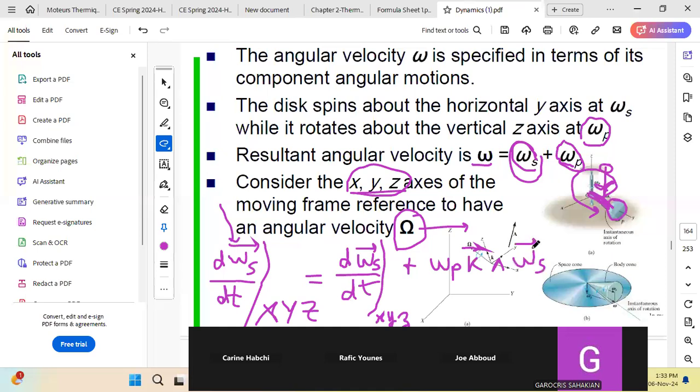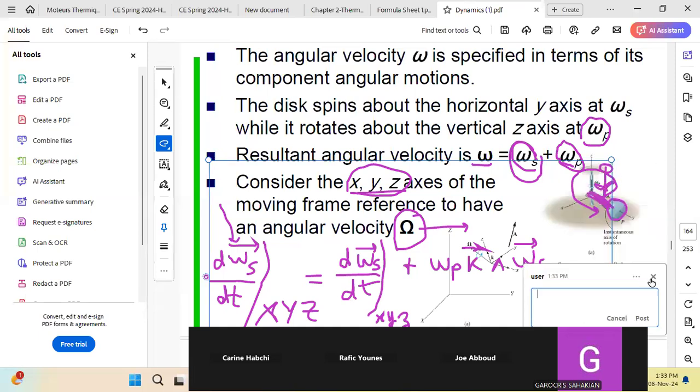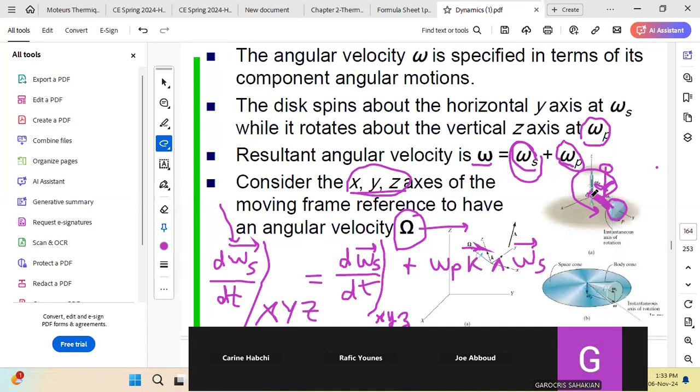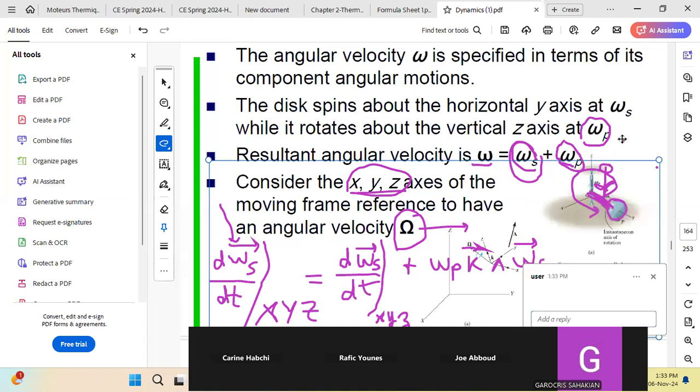So for example here, what is d omega s by dt in small x, small y, small z? We said that if I am standing on the rotating frame, the disk is only doing rotation about a fixed axis. So omega s will only vary in magnitude, but not in direction. And we said that if omega is not varying in direction, omega and alpha will be collinear.